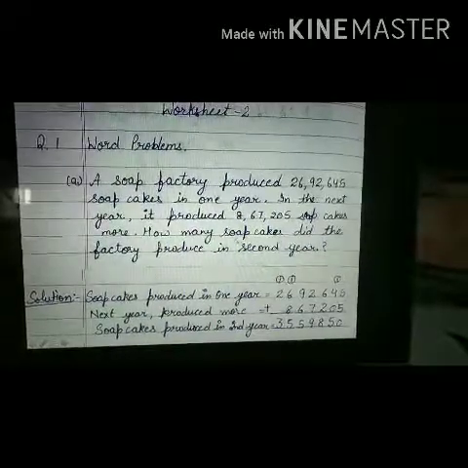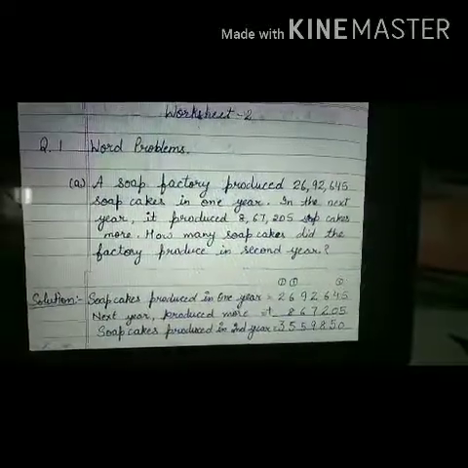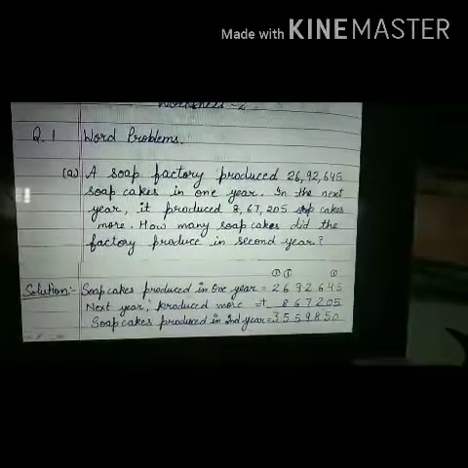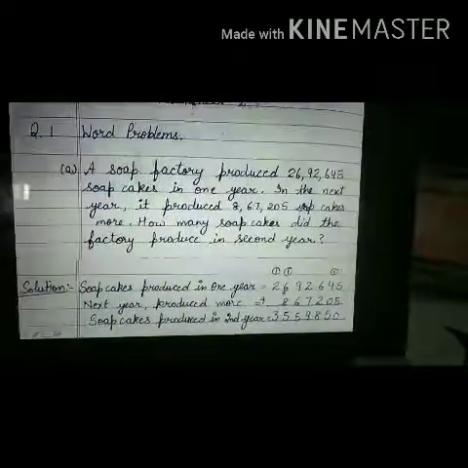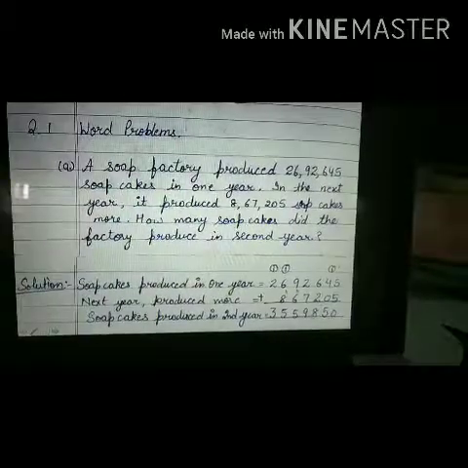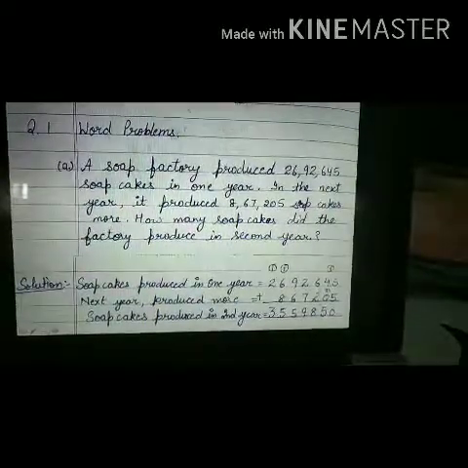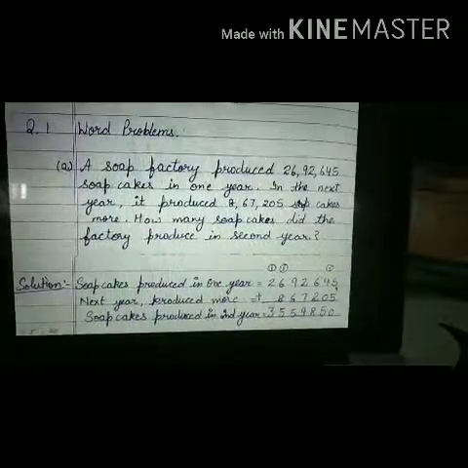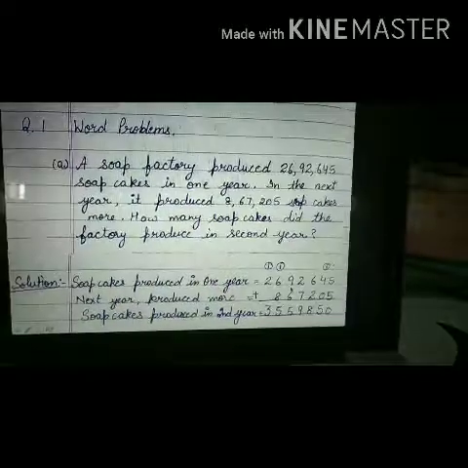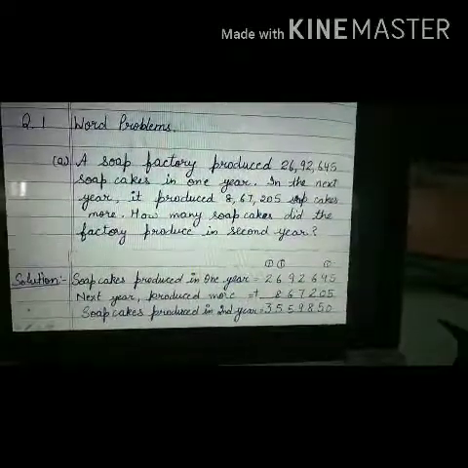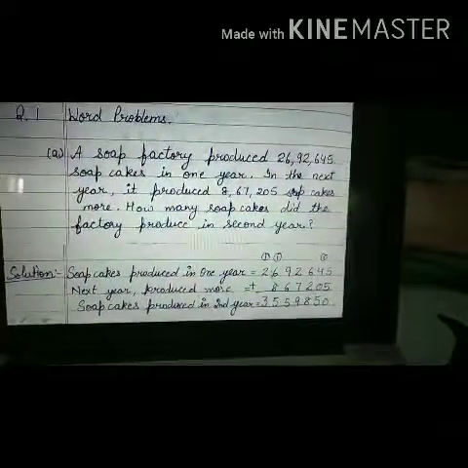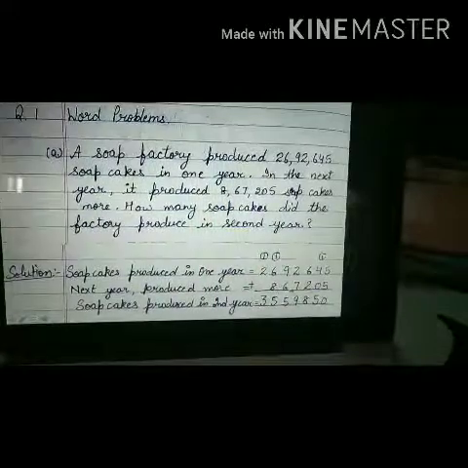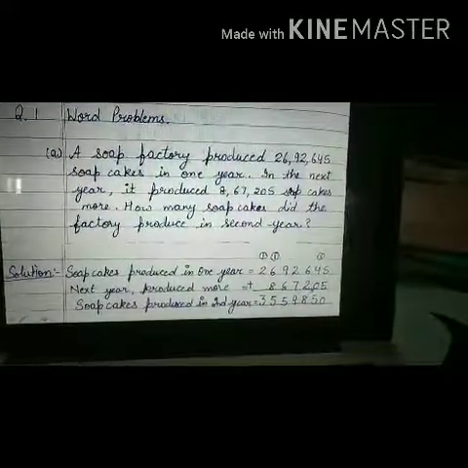We apply addition. Soap cakes produced in 1 year, you will write equal to 26,92,645. But remember, don't put commas here. And next year produced more, how many? 8,67,205.